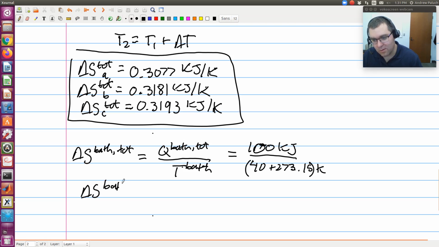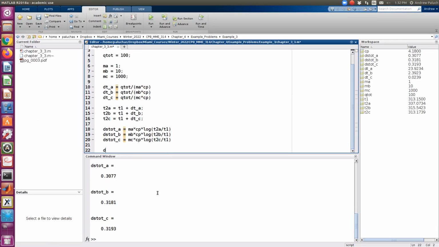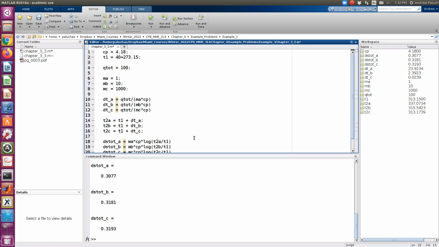So delta S bath total, and I'm putting total on there to remind myself that it's extensive, would be Q total divided by T bath, which is just T1.